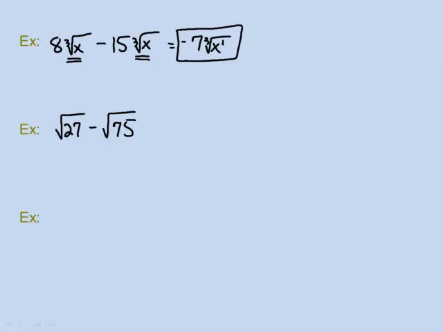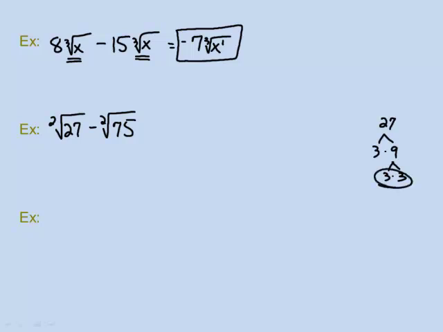So off to the side here, we know that 27 will break down to give us 3 times 9. And then 9 further breaks down to give us 3 times 3. Since this is an understood square root on both these radicals, we want factors that appear twice, or that we can write as a square, so that if we take the square root of them, we can pull out the base.